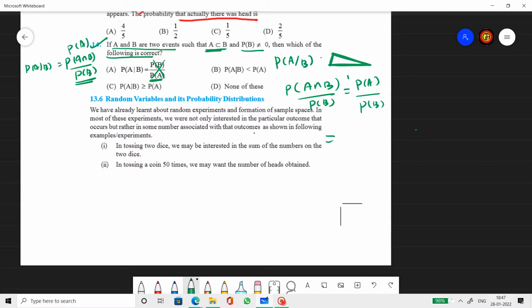Let's make it to the cardinal number form. N of A by N of S will come, divided by N of B by N of S. So eventually N of S will get cancelled, and you get N of A by N of B. Here it is N of A by N of B, whereas here it is N of A by N of S. The N of S value will definitely be bigger than the N of B value, because that's just the sample points. So this answer will be lesser than this answer. So this would be the greater, so it should be the other way around. Hence, this is also not right.